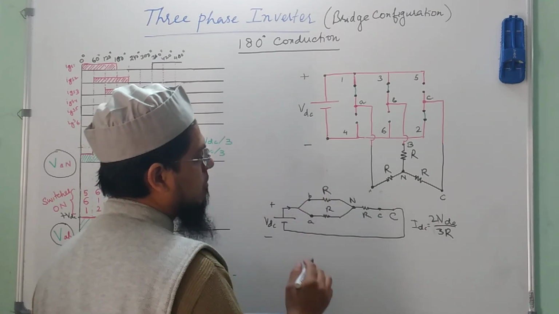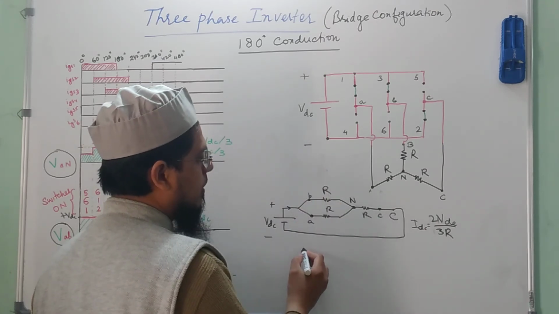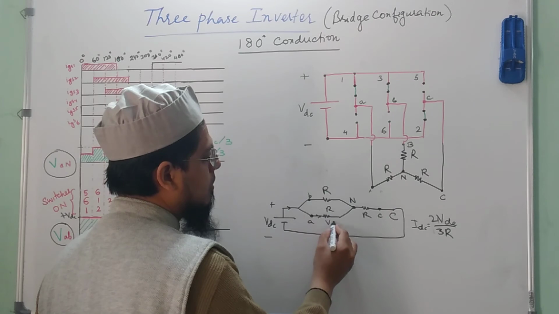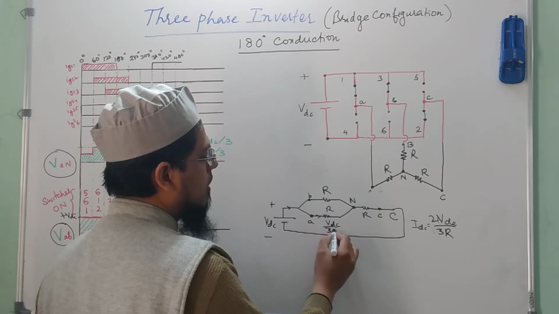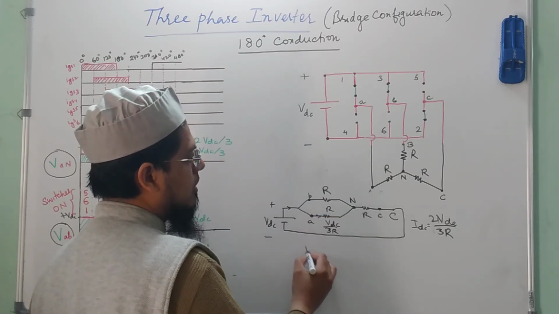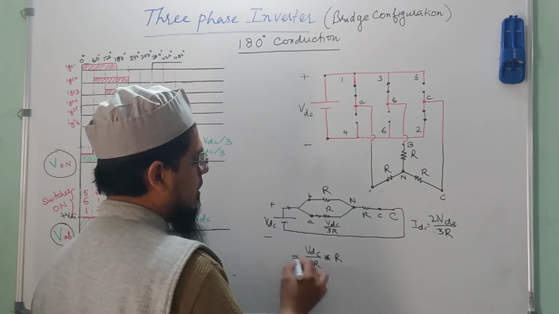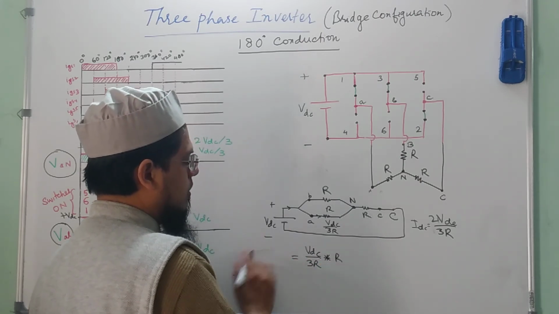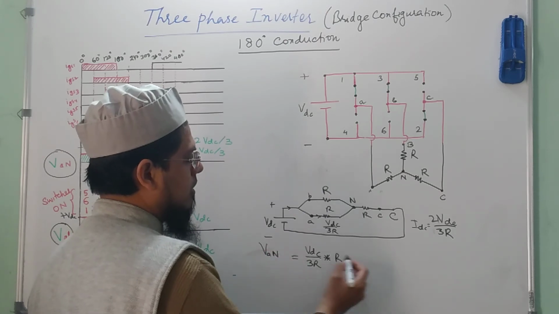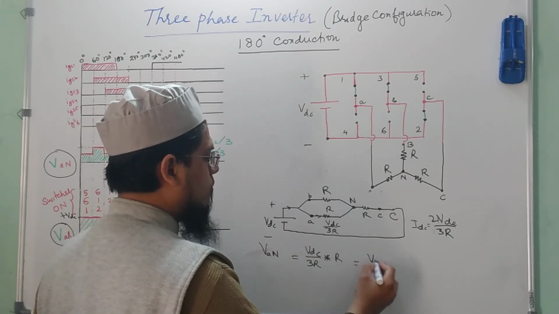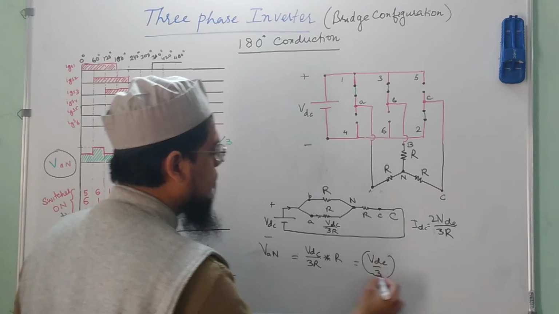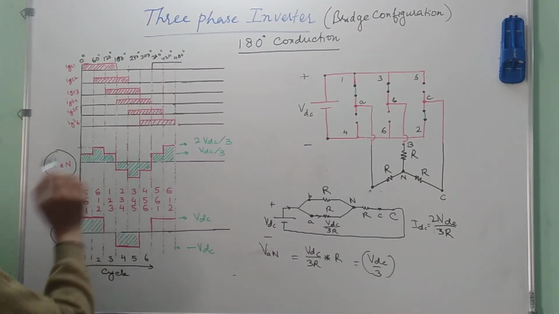So current gets bifurcated here. So the current that would be flowing here would be VDC upon 3R. If it is multiplied by R, it will give you VAN, and that is equal to VDC by 3, that I have shown here, VDC by 3 again.